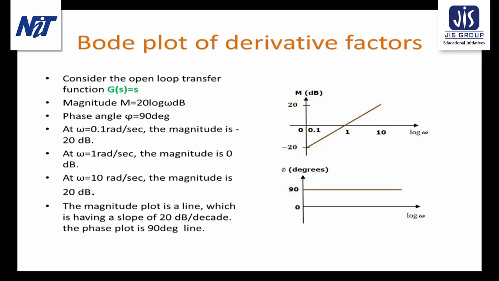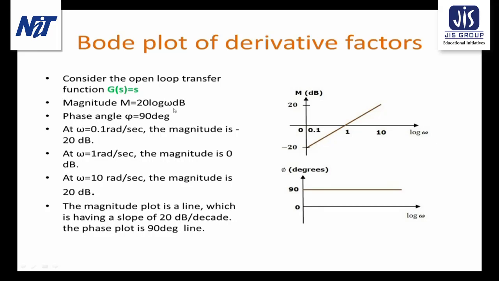So now we will consider three different cases according to the value of omega. So let's take omega equal to 0.1 radian per second. So when omega equal to 0.1 radian per second, and if we put that value in the magnitude plot, then it becomes 20 log 0.1, and 20 log 0.1 means it is minus 20 dB.